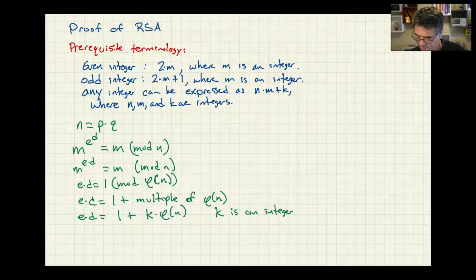Okay, so that follows from this definition here. We've got some multiple of our number plus a constant. In this case, the constant is 1, and we've got some multiple here.